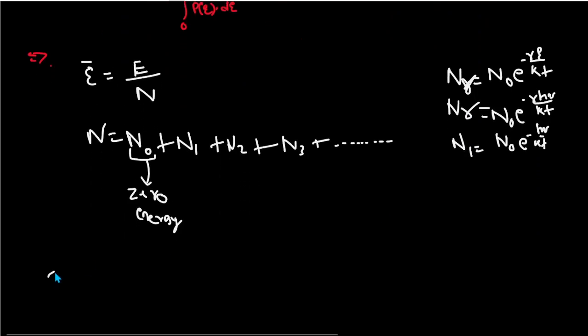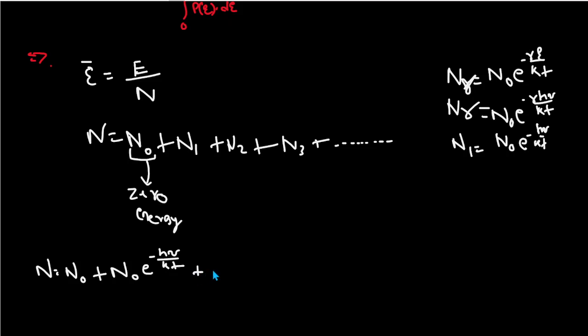By seeing this equation, how can I write it in a more general way? N is equal to n naught plus n naught e to the power negative h mu upon kt plus n2.